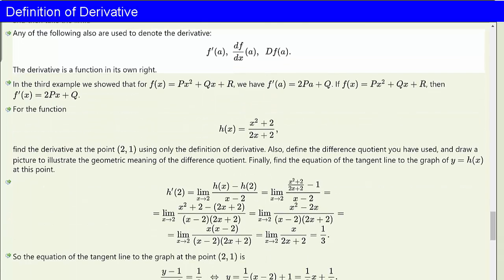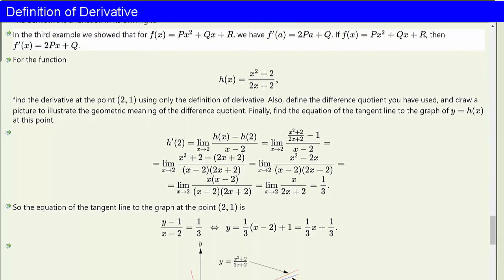Some extra information. The notation for the derivative is not standardized completely. Any of the following are also used to denote the derivative: f'(a), df/dx at a, or capital D f at a. Also, once we have calculated the derivative for an arbitrary point x equals a, the derivative is now a function in its own right, and we replace a by x in the formula for f'.